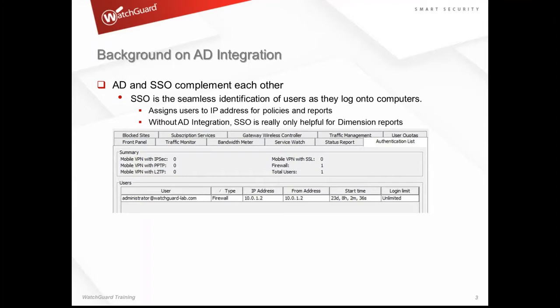Now, as you see here, typically with WatchGuard, you have your IP address, as you can see on the screen, and we don't have a user assigned to it. With single sign-on, we automatically see that administrator, and there are a number of ways, which we'll get into next month, that we can get this user identification correlated to an IP address.